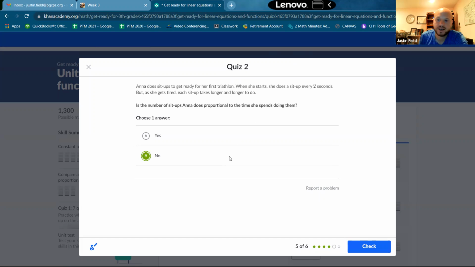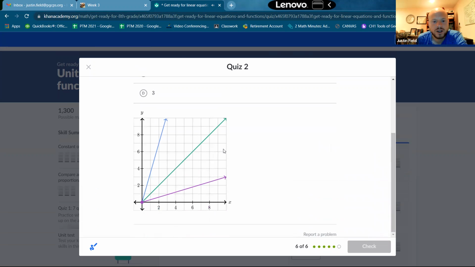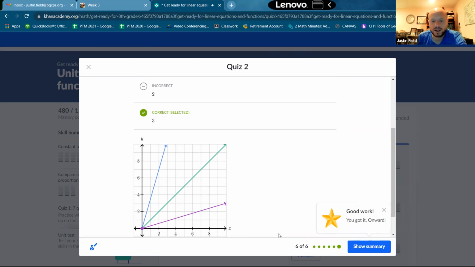No, because the ratio is changing. So it's not constant, so it's not proportional. How many are proportional? If it goes through (0, 0), it's a proportional relationship. So the answer is 3. All right, there you go.